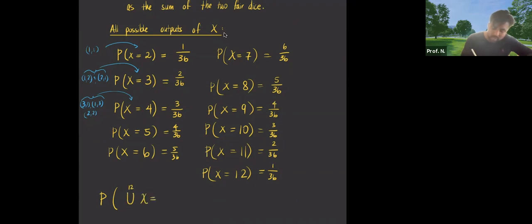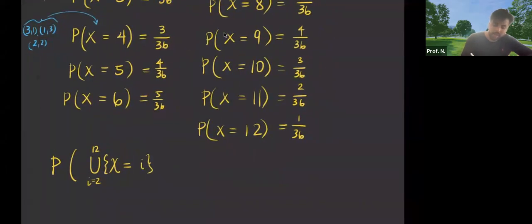So x can equal certain numbers. And what are those numbers? The smallest value for our random variable is a 2, and it goes all the way to 12.